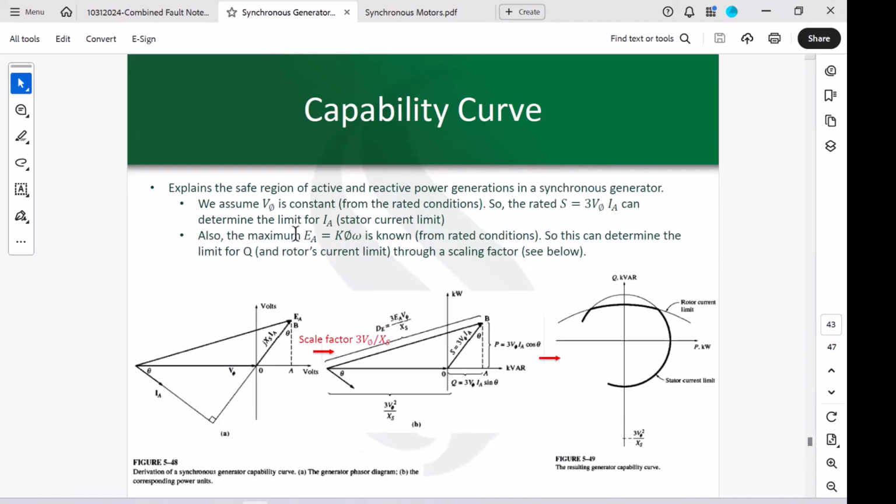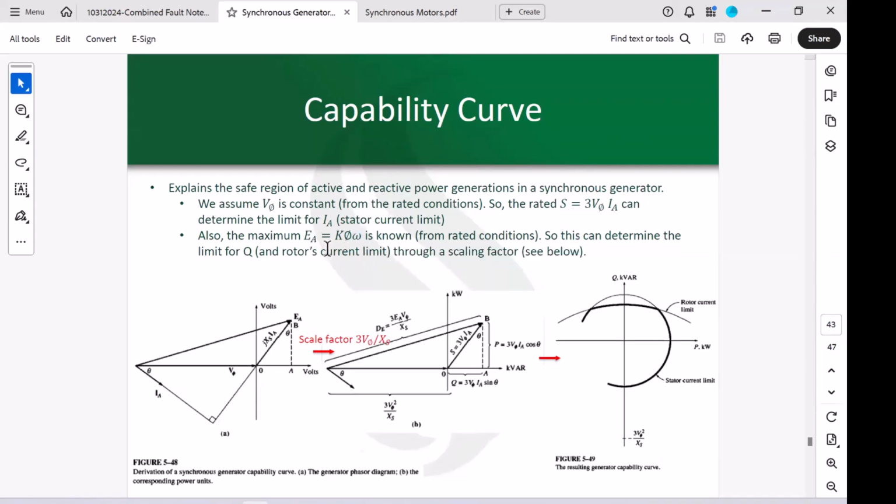Also keep in mind that EA, the internal voltage or the armature voltage of your machine, is equal to K phi omega. Remember, this K was a constant. Phi was basically associated with the flux per pole, and omega was the speed of the machine. If you're assuming that omega is at the rated omega, omega is constant because you have a synchronous generator, right?